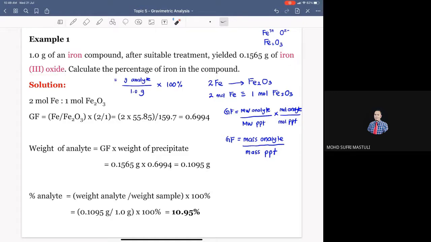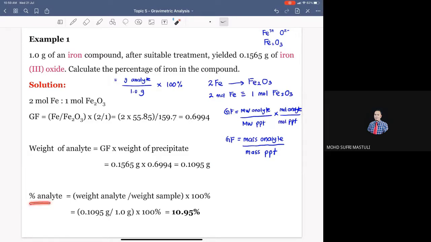So the gravimetric factor, which is this one, times mass of precipitate. The precipitate is iron oxide, so the mass of precipitate is 0.1565 gram. You can use your calculator and then you can get the answer.